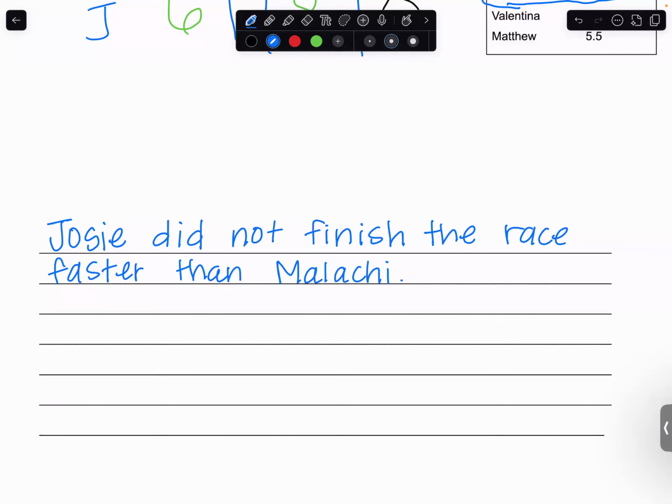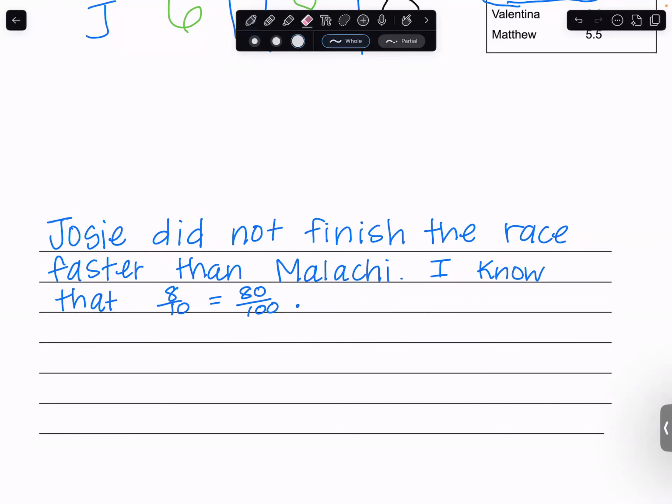And how do we know this? I know that 8 tenths is also equal to 80 hundredths.